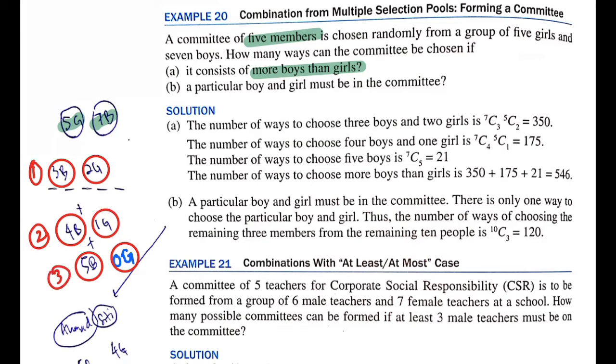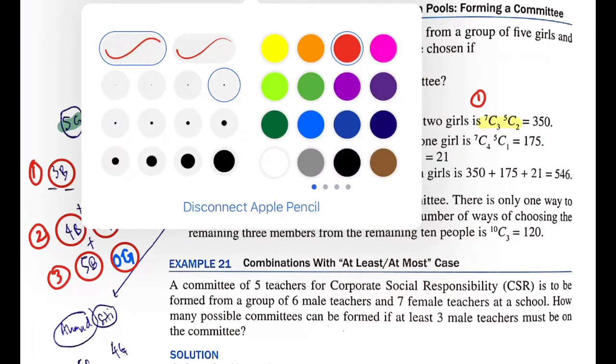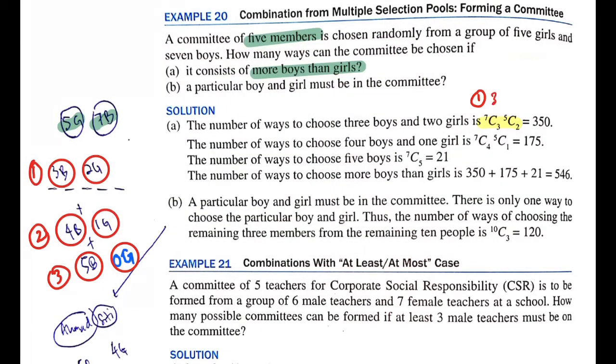Since we have 3 cases, let's calculate one by one. The first case is where we find 7C3 times 5C2. Why do we have this? Because we have 3 boys and 2 girls.